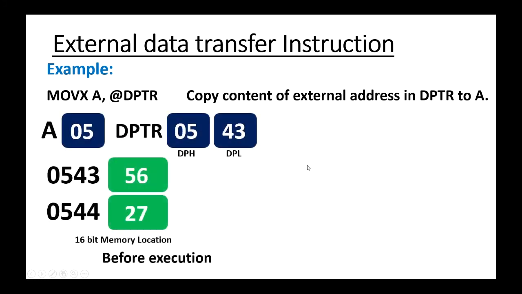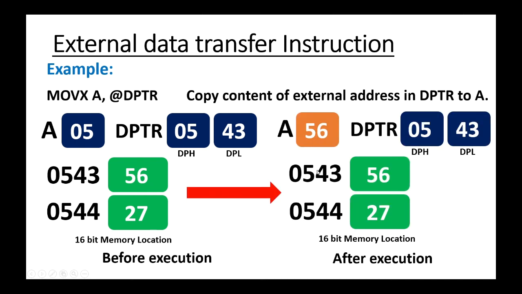So let's assume some data here. Initially A is having 05, DPTR is having 0543. The content of DPTR will be treated as a 16-bit address, so our 16-bit address would be 0543, and let's assume at this location 56 is stored. Before the execution, this is the scenario, and once you execute this instruction, that 56 which is stored at this memory location is copied into the accumulator.